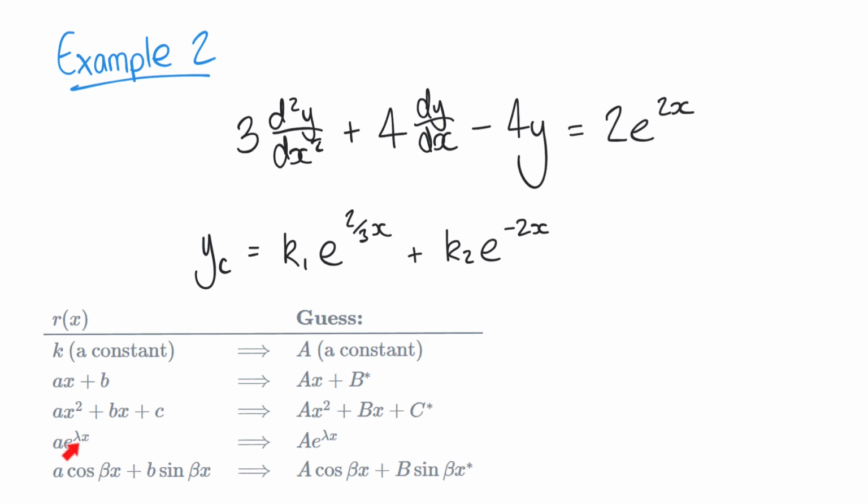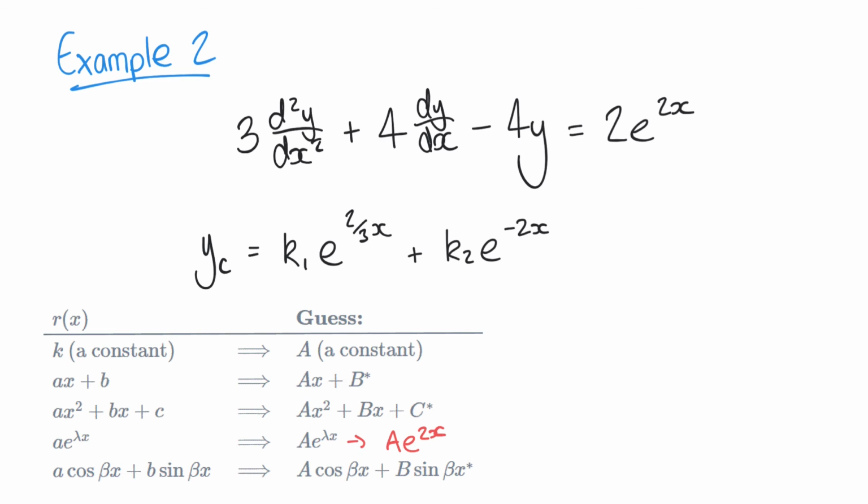And so we're allowed to keep this number in our guess. So the form of our particular solution, the guess of the particular solution at least, is going to look like this. Capital A, e to the 2x. Again, we've preserved that lambda value because it's the same for Rx as it is for the guess.